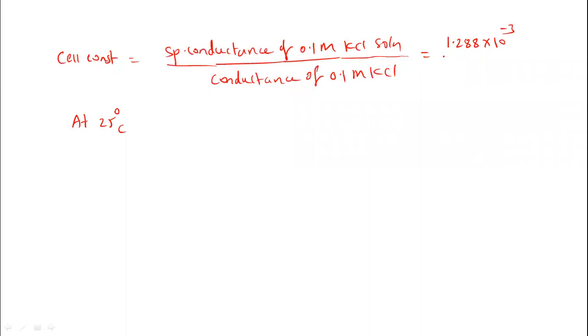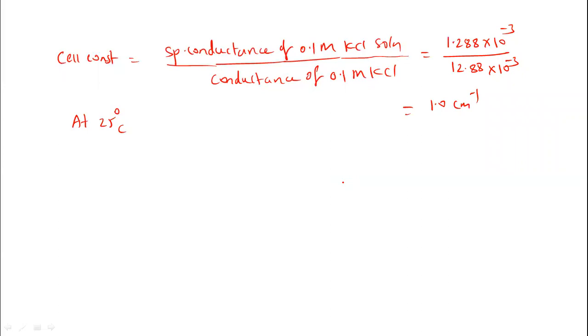Now it is divided by the conductance of the 0.1 normal KCl solution, which we already measured here, 12.88 into 10 raised to minus 3. If we do this calculation, the value should be around 1.0. Cell constant has the unit per centimeter.